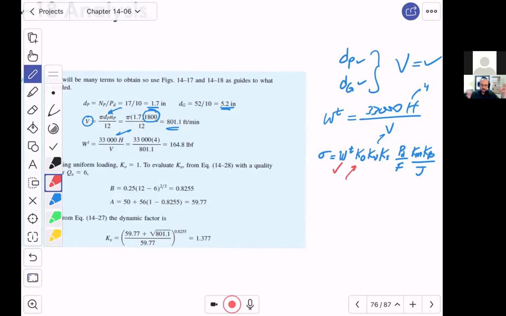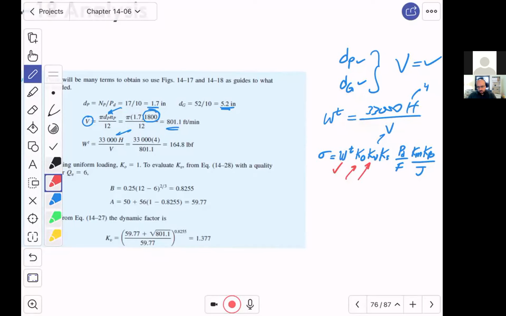And since it was said in the problem that this operation is smooth, then we should assume it to be 1. Otherwise you will be told whether this is a light shock, a medium or intermediate, or a high or heavy shock. Then we will move to KV.